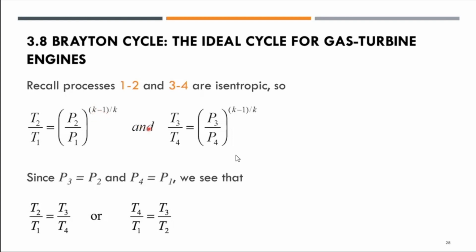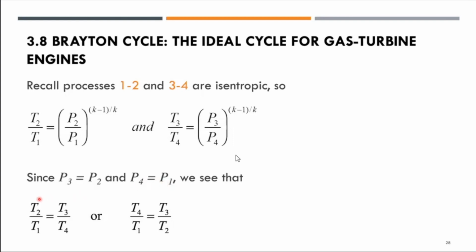And for the 3 to 4 station, since we know that it is happening at constant pressure, right? So P3 equal to P2 and P4 equal to P1, right? Because it is assumed to be fully expanded. The pressure at the exit of the turbine is equal to the pressure of the atmosphere, the incoming air.